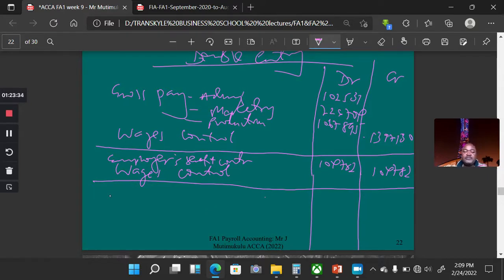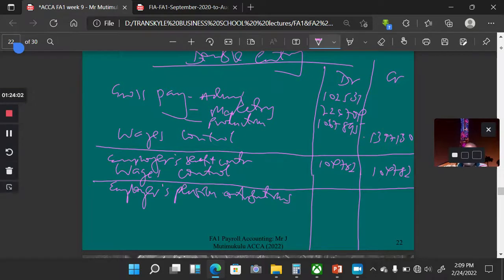So we ignore that and look for the transaction which the employer entered into, and I'm sure the employer paid pension contributions. So employers' pension contributions.